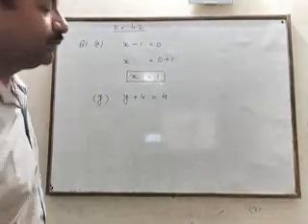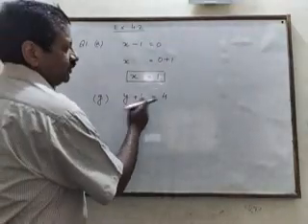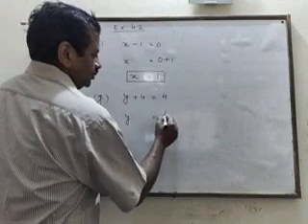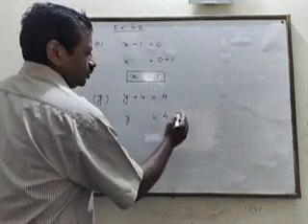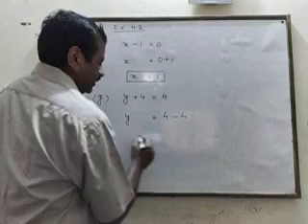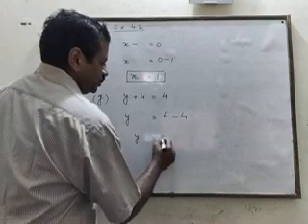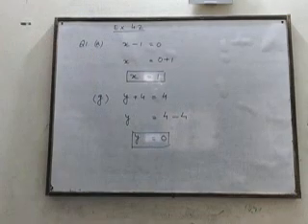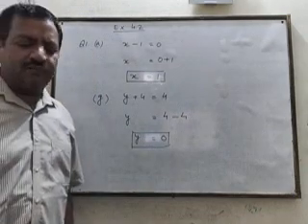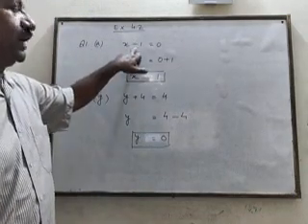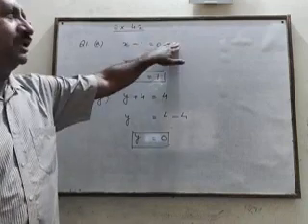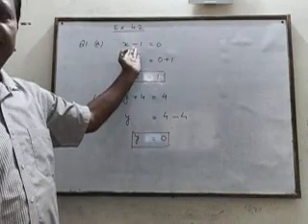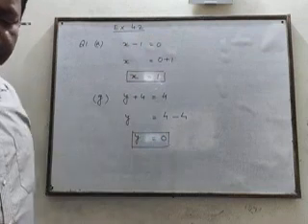The plus 4 will be shifted to this side, so y equal to 4 minus 4, y equal to 0. So this is the transposing method. Whatever number is subtracting on this side will be shifted to that side and become positive. Whatever number is positive here will become negative there.